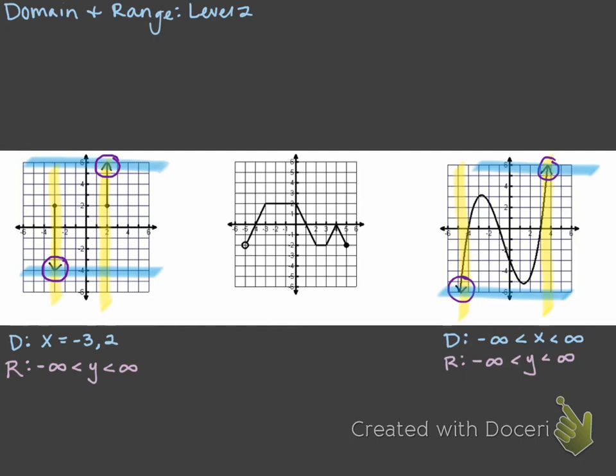Whenever we have this idea that our range and domain go from negative infinity to positive infinity, we call this all real numbers.